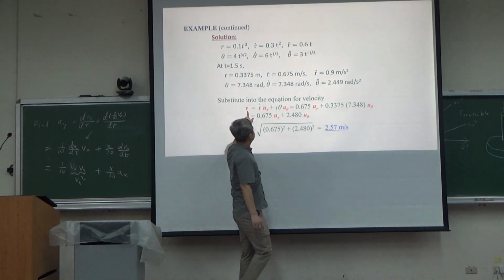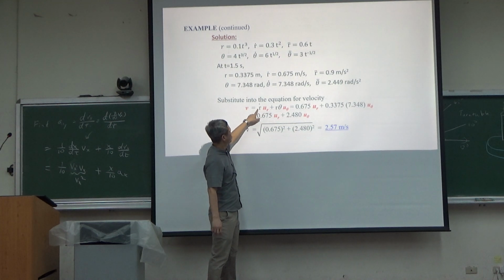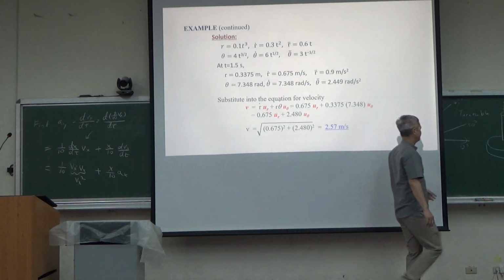And then your tangential velocity consists of 2 parts. Okay, because now you are using the vector plot.